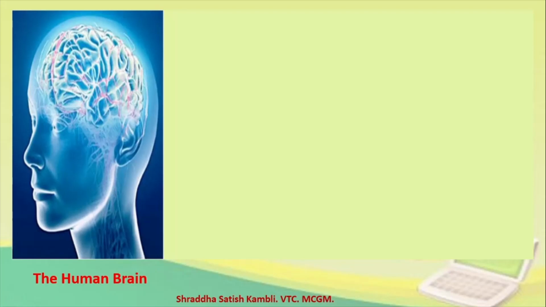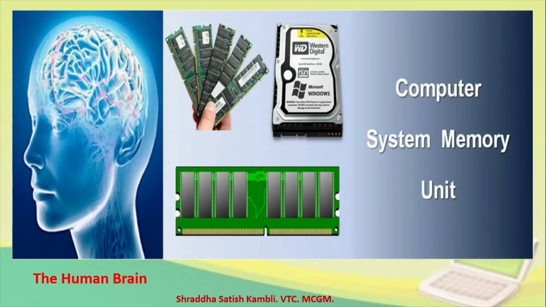Just like the human being has a brain and a memory, the computer also has a brain and memory of its own. These are all the places where the computer stores the information. Just like we store information in the brain, the computer stores information in these memory units.